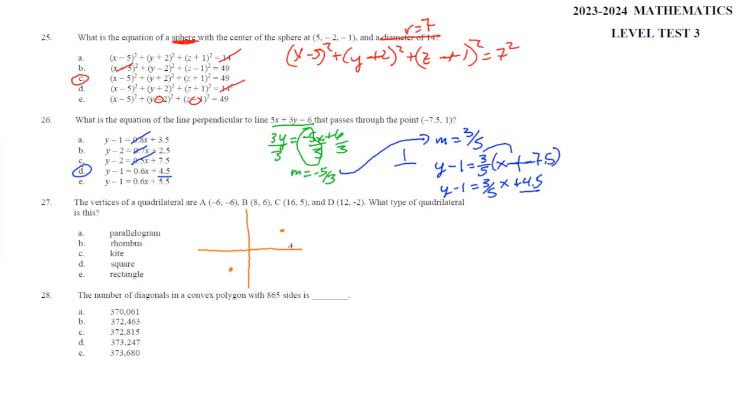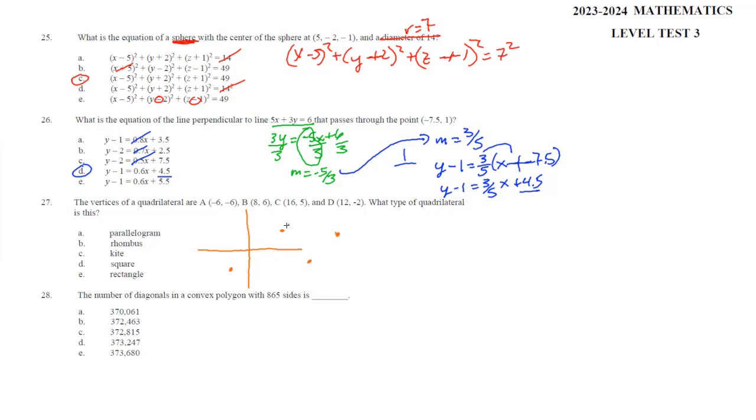C is (16, 5), so probably like there, but just a hair lower. And then (12, -2). Well, that doesn't look good at all.